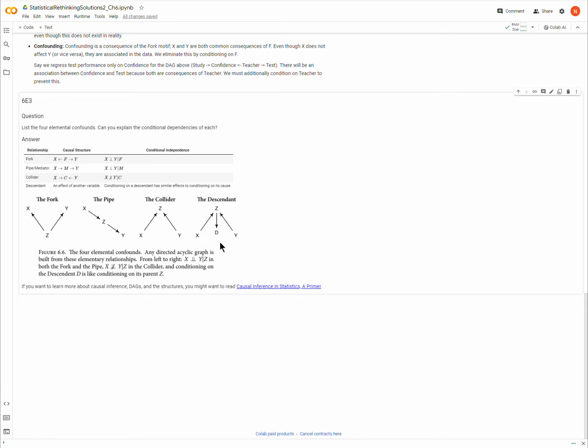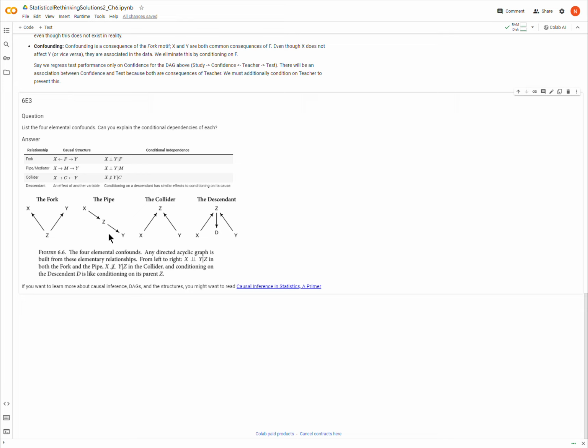If I condition on D, because D contains information about Z, its parent, then conditioning on the descendant will be similar to conditioning on the other variable. It won't be exactly like it. It will probably be a weaker version of it because only some information from Z is contained in D, but nevertheless, it is like conditioning on its parent or its cause.